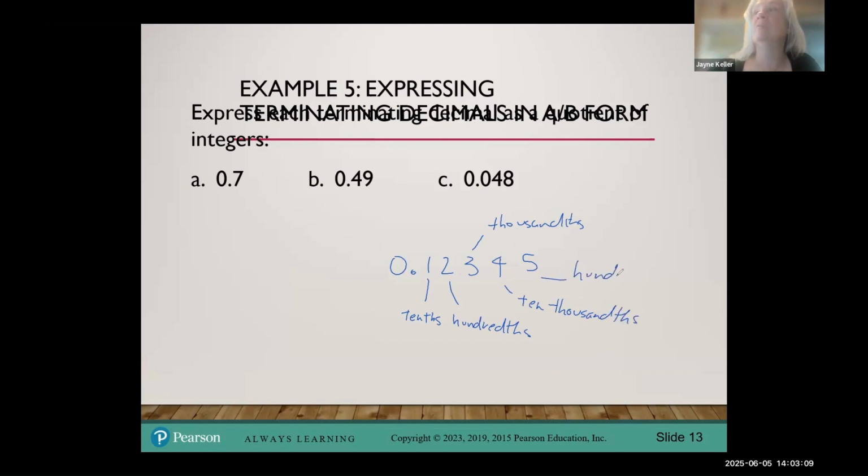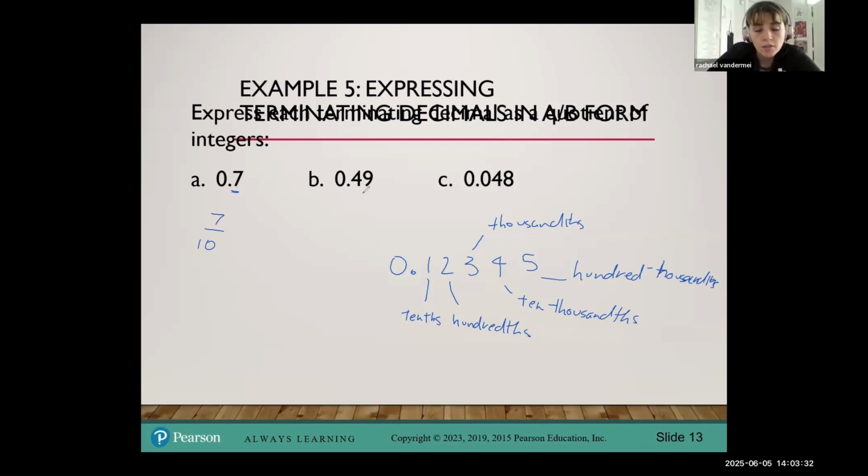Another way to think about this is, whether it's tenths, hundredths, whatever, the number of zeros is the same as the number of decimal places. So for this one, this is tenths, and so I can write this as 7/10.